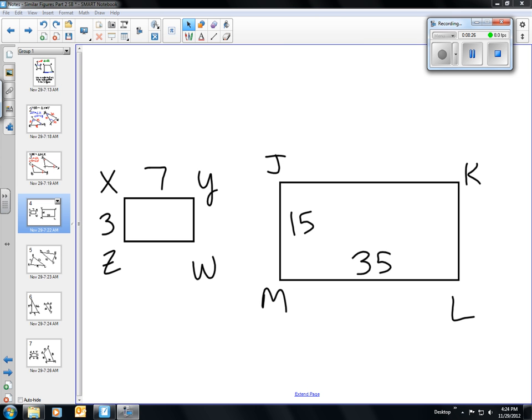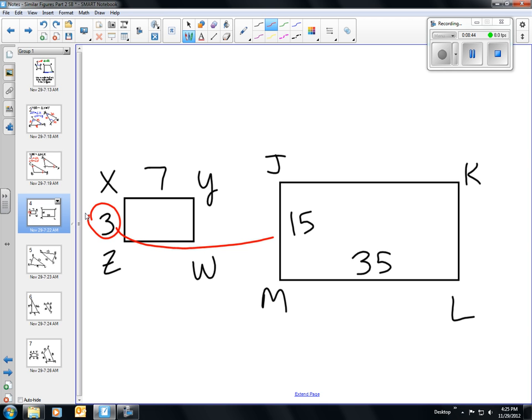On the back side, for the third objective, we need to determine whether these two figures are similar or not, and then find the scale factor from the smaller figure to the bigger figure. To determine whether they're similar, we need to find the scale factor for each of the corresponding sides. 3 to 15 would be a ratio of 15 to 3, which is 5.